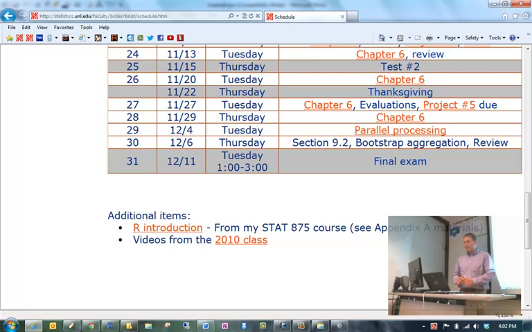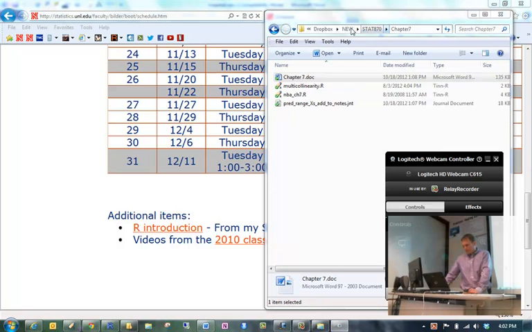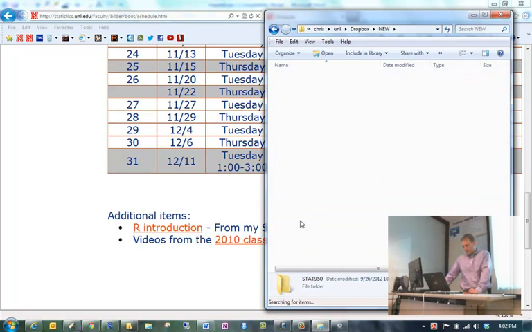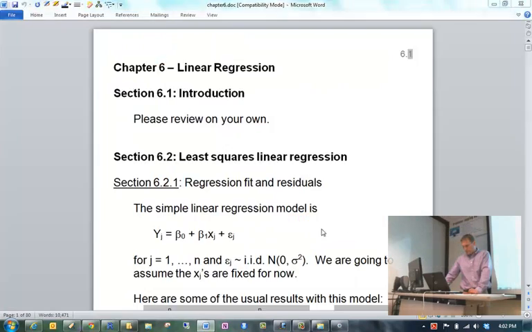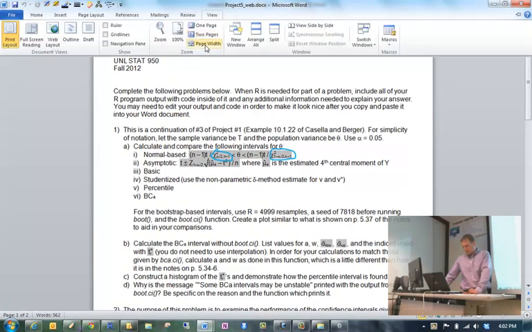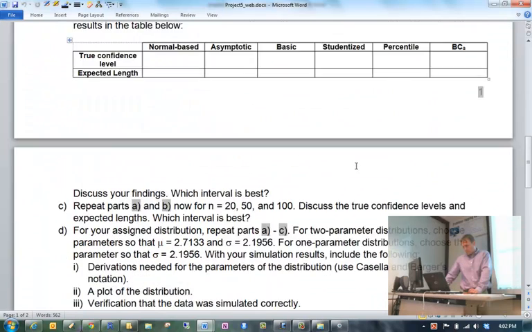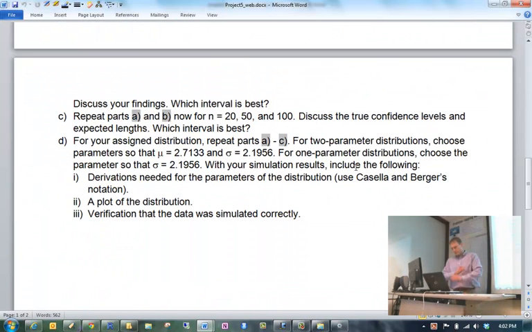A couple questions about the project. Yes. In question 2, part C, where we just increase the number of observations for our data sets, do you want to see all of the same code again when the only thing that's changing is n at the very beginning, or do you just want to see the results?